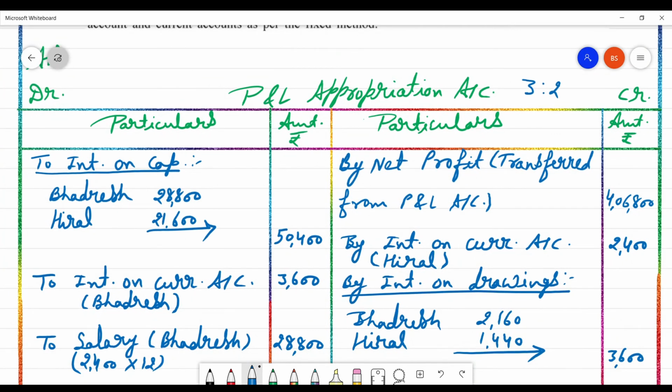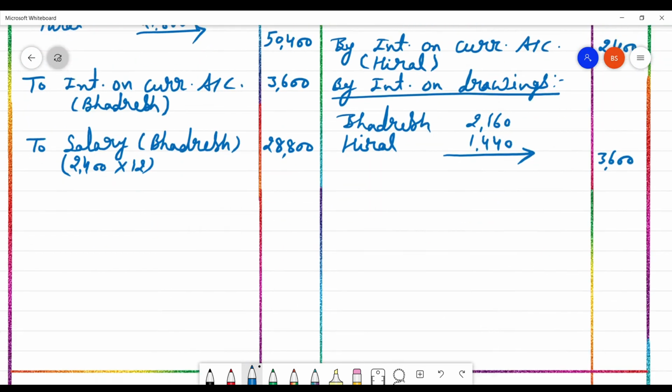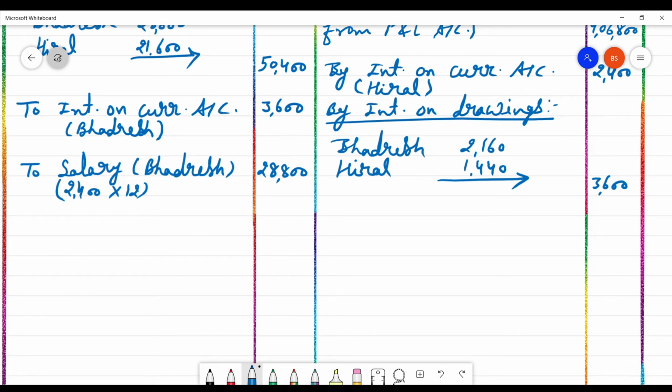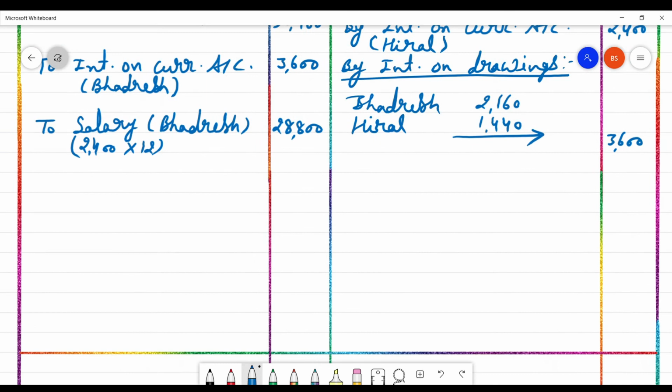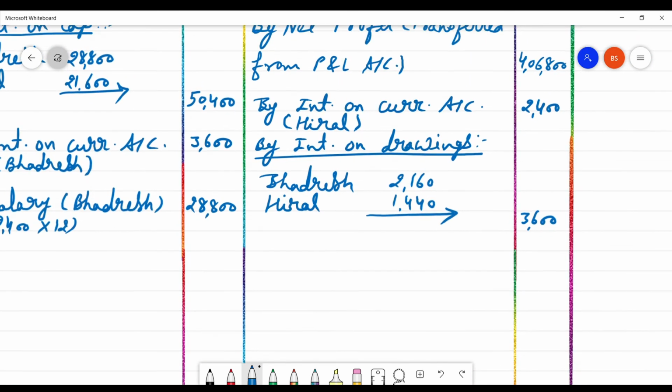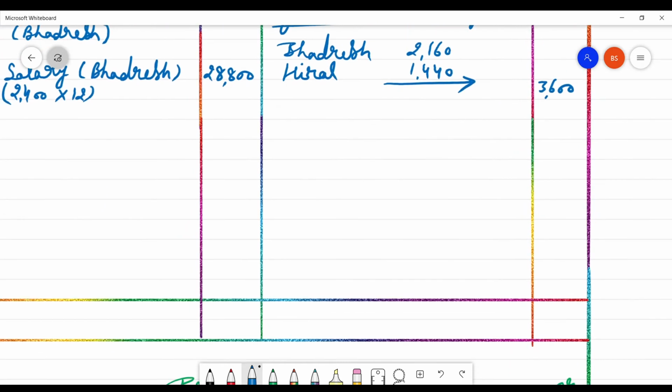So we have to make the total. First, you will see that the credit side's balance is more than the debit side balance. So make the total: 4,06,800 plus 2,400 plus 3,600. It will come to 4,12,800.